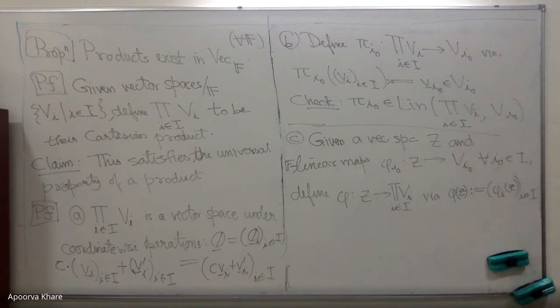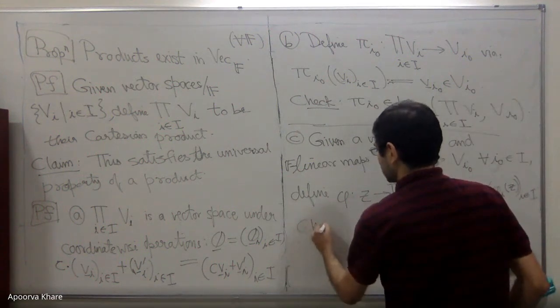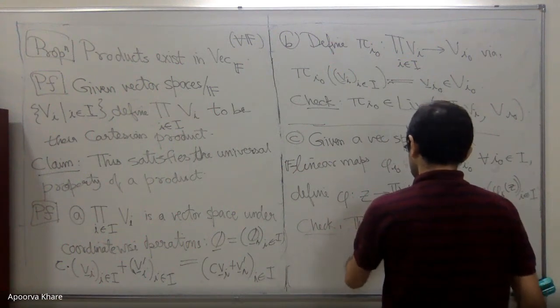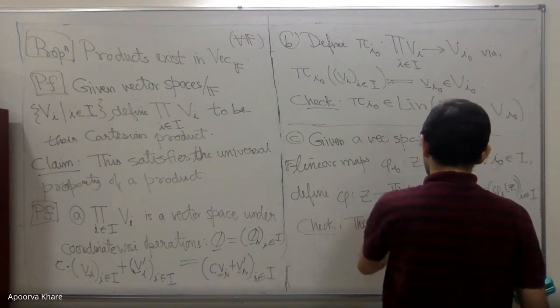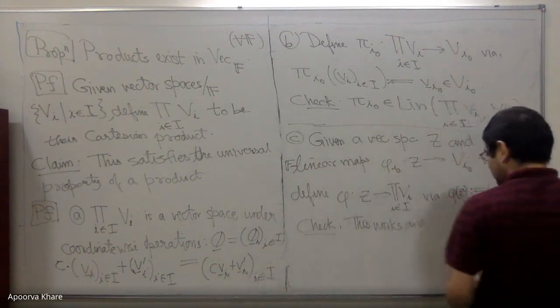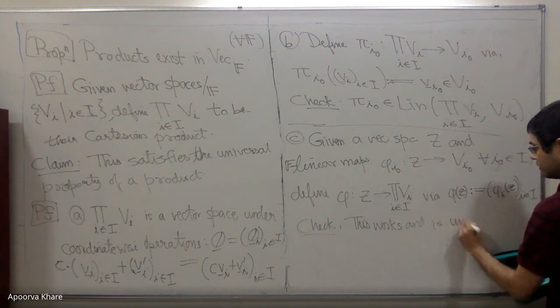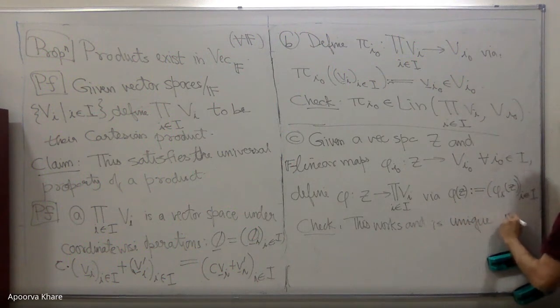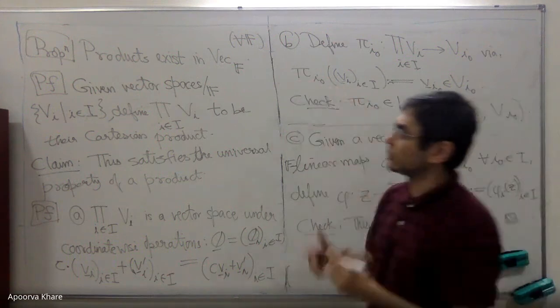Okay, great. Check that this is unique, check that this works. It's unique basically because this has to be forced. This is the same thing as we saw for sets, so there's nothing to say here. Anyway, that's how you prove that the products do exist there.